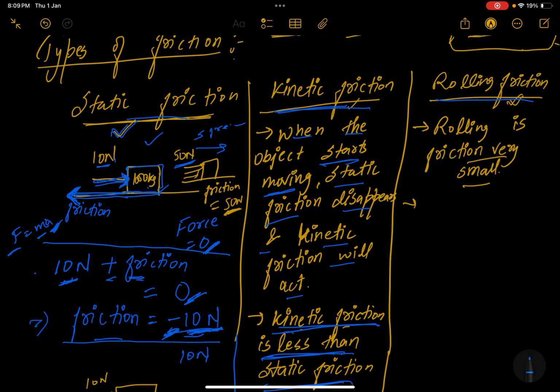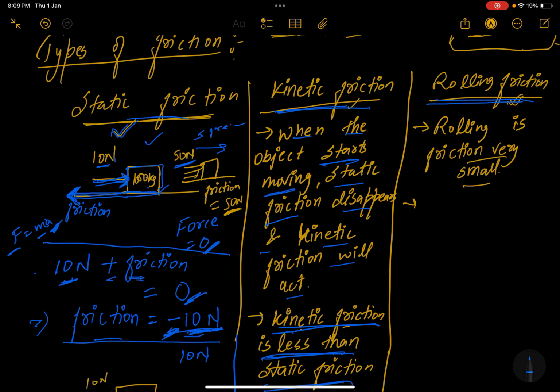Now third is rolling friction. So rolling friction is very small. You can understand this: let's say to ride a bicycle, if we put a rectangular tire and try to push it, it will be hard to push.